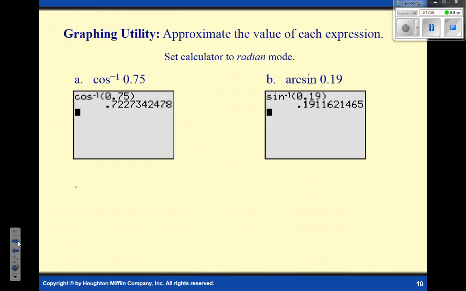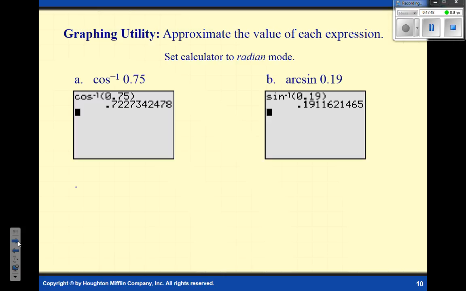Okay. So what it's saying is, what angle on the unit circle has a trig sine ratio of 19 over 100? So opposite over hypotenuse would be 19 over 100. I want to know what angle has that. Well, I can't make 19 over 100 on my hand. That means it's okay to use my calculator.